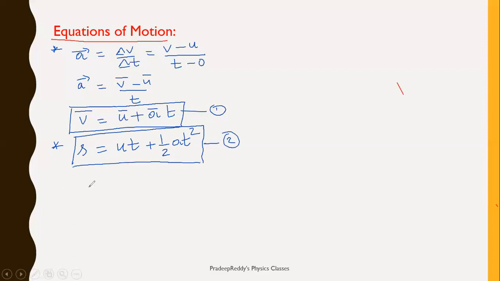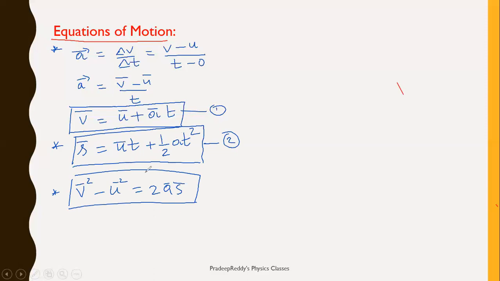And the third equation is v square minus u square is equal to 2as. Of course, all these quantities can be vectors. You can use vector rules in order to find out these additions and subtractions of the terms. These obey vector rules.